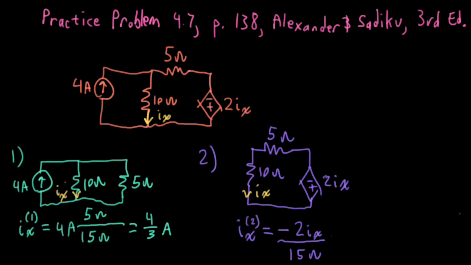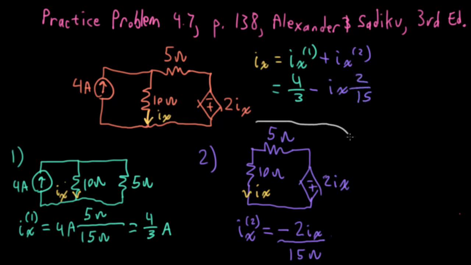All right, so now what is Ix? Ix is the sum of these contributions. That's going to be Ix1 plus Ix2. Let's see, Ix1 is 4/3, and then Ix2 is minus Ix over 15. So let's see, if I move this Ix over 15 term over to the other side, it's something like Ix times 17 over 15.